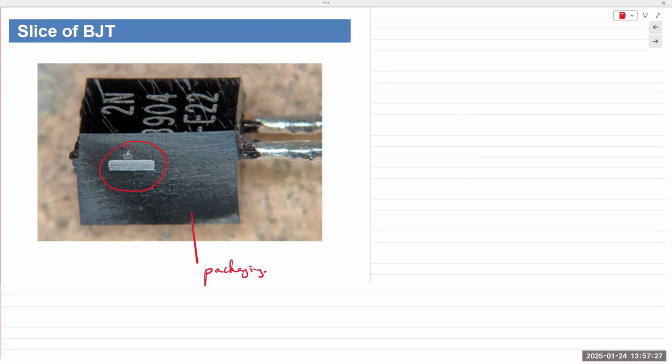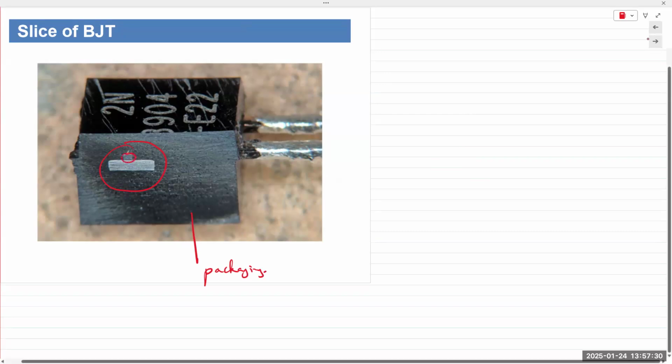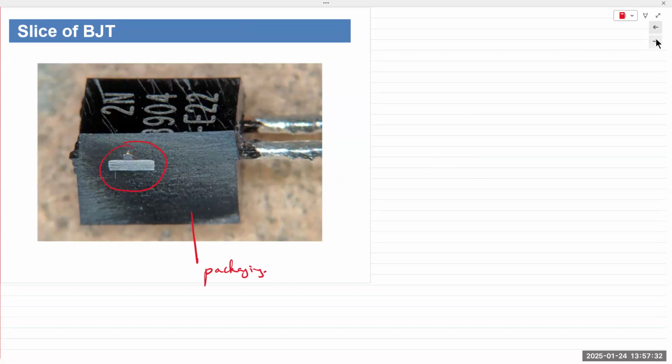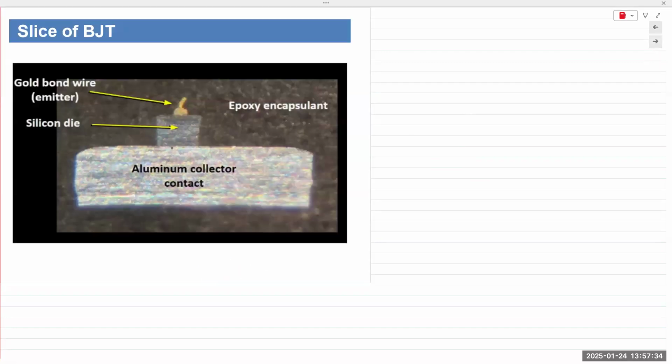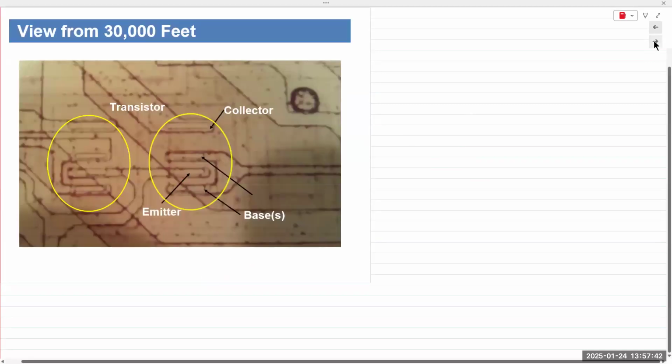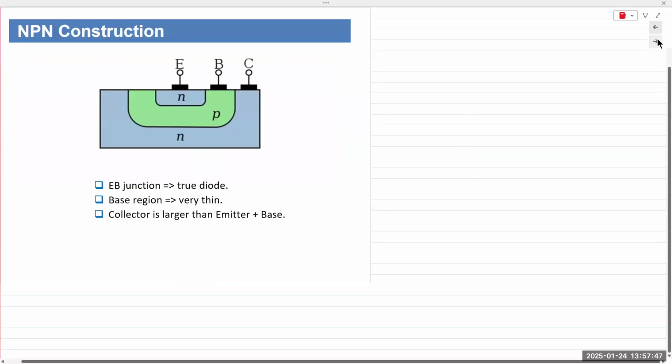This is not even the actual transistor. The actual transistor is right here, this small. That's the silicon die. And you can see this is the actual transistor. This is just the aluminum contact pad. I'll talk about this next class when I bring in some show and tell devices.